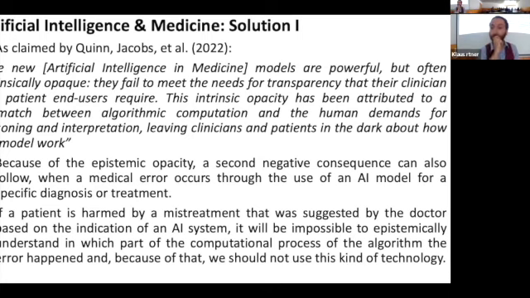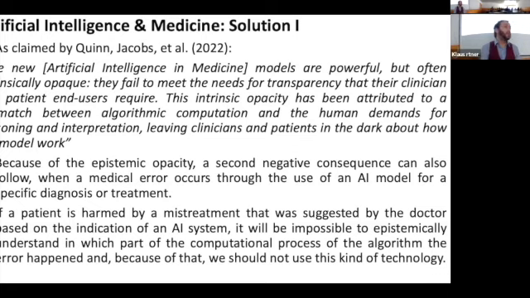And another point which is interesting is that when we are dealing with black box models, imagine that a mistake happens, right? In that case, it's really hard to understand where the model got it wrong. So we cannot correct a model, basically. And because we cannot correct the model, issues of responsibility arise, right?